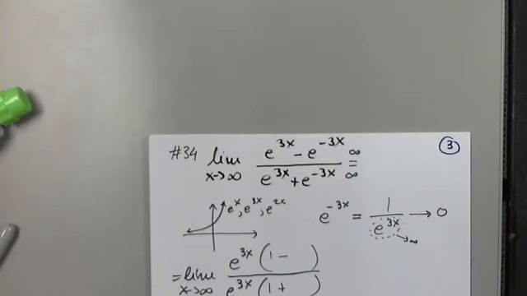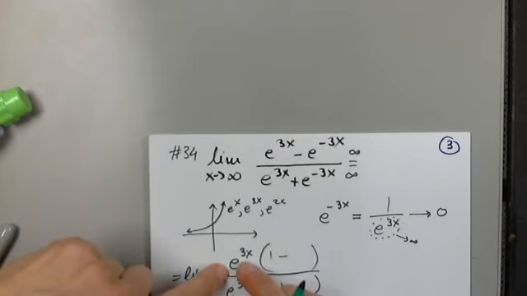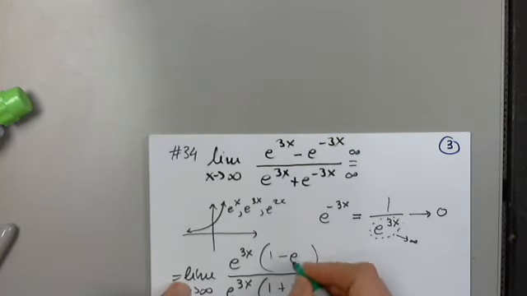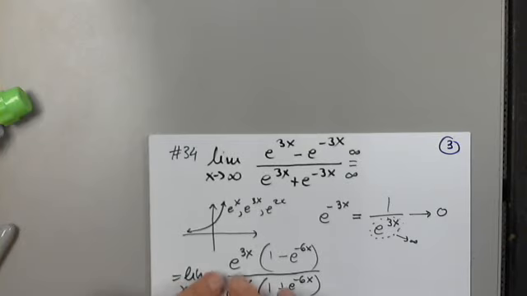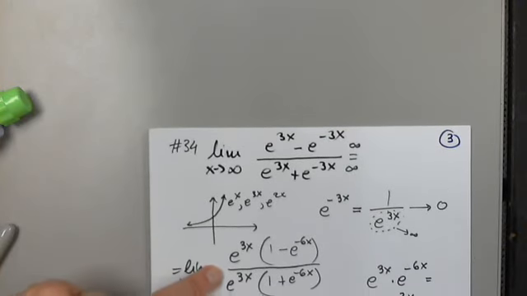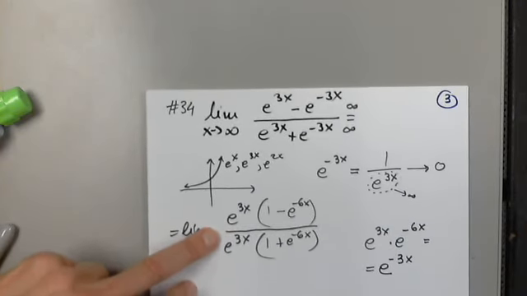So now, e to 3x times what is e to negative 3x? E to negative 6x, very good, because I copy the base, e to 3x multiplied by e to negative 6x, I copy the base and add the exponents. That's how I get back the negative 3x. Very good. Do we agree?